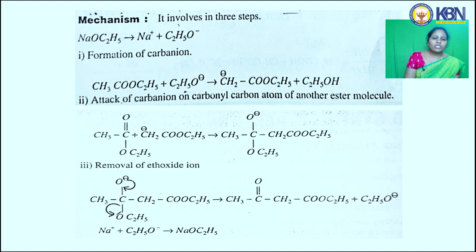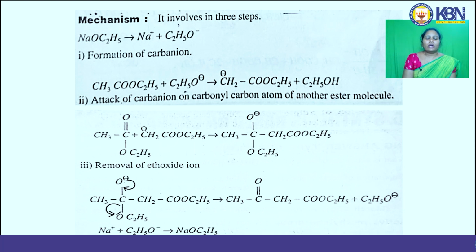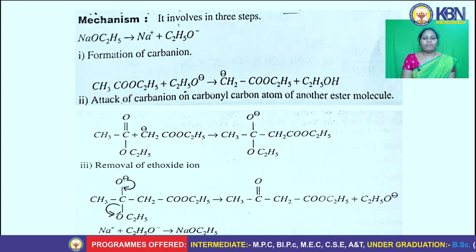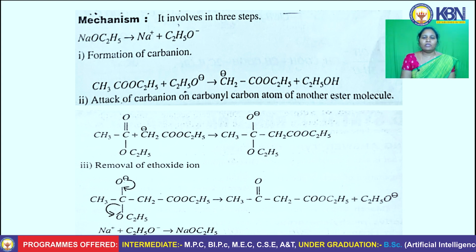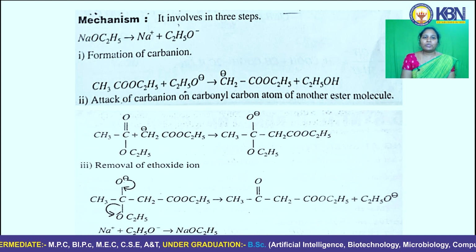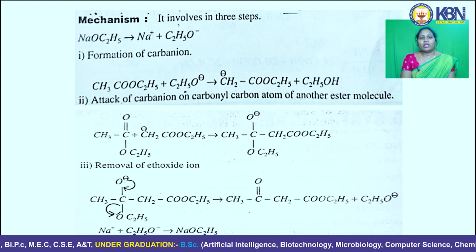So this reaction is called a Claisen condensation or Claisen ester condensation. Claisen ester condensation is mainly used for the preparation of the beta keto ester, acetoacetic ester. Here acetoacetic ester is an active methylene compound.